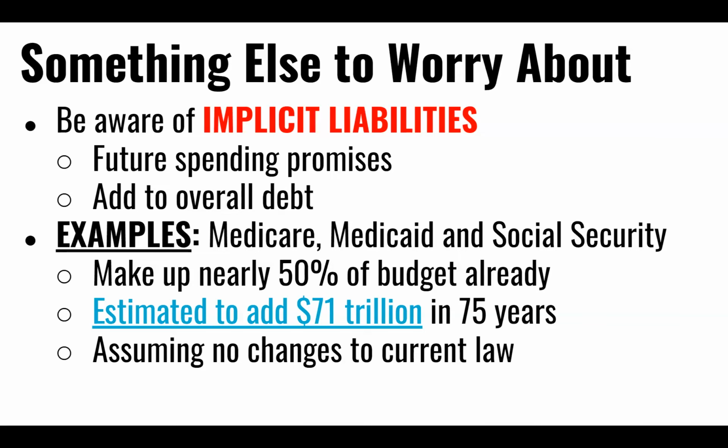So implicit liabilities are something to be concerned about because it does mean even more debt than we may realize just looking at the numbers as they are right now. Again, it doesn't mean that it's wrong or bad, but it does mean that there are some challenges or consequences that result from using expansionary fiscal policy.